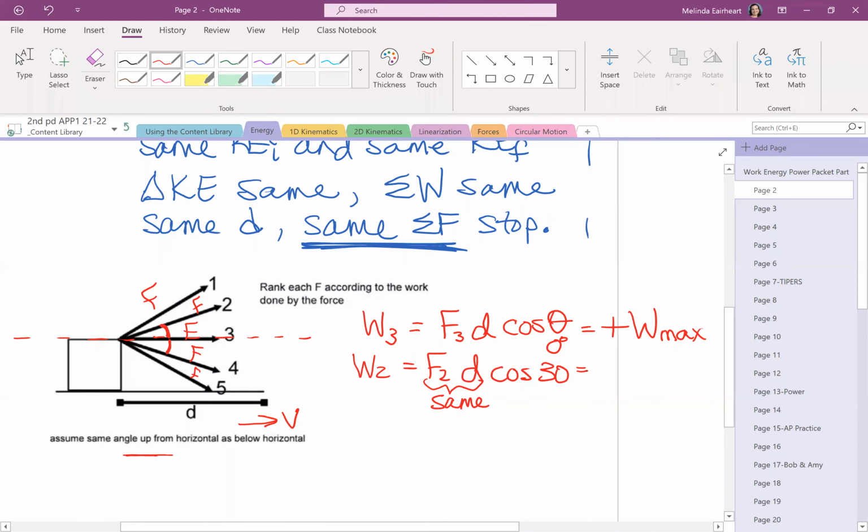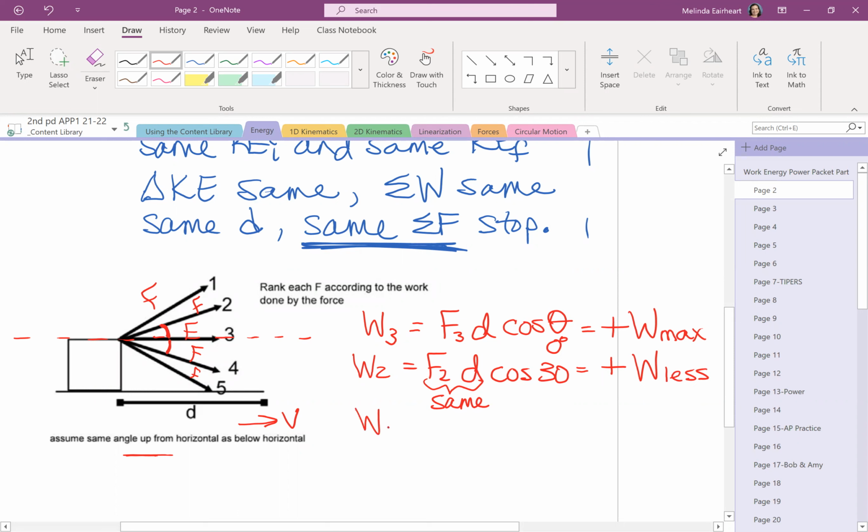Is it still going to be positive work? Well, that component of the force is rightish. It's moving to the right. So we're still going to get a positive work, but a smaller, right? Or correct? Now I got to change my verbiage. And so it's not a max, but it's going to be less than the max.